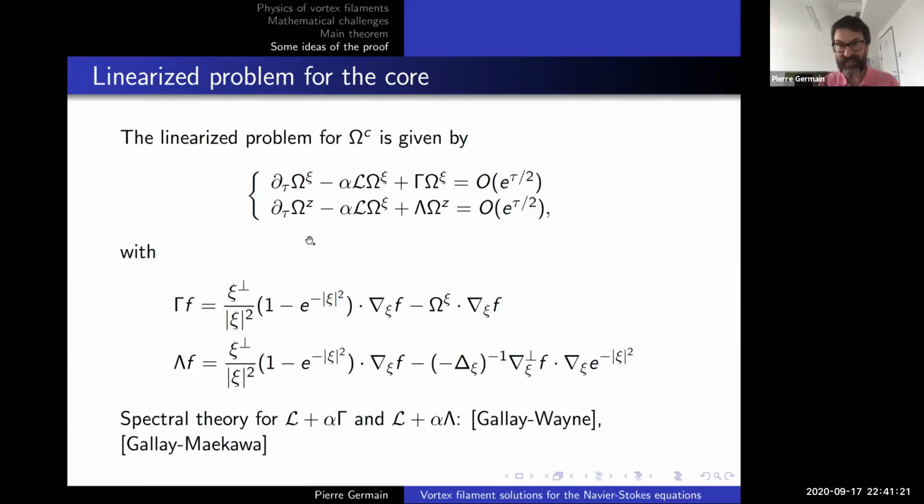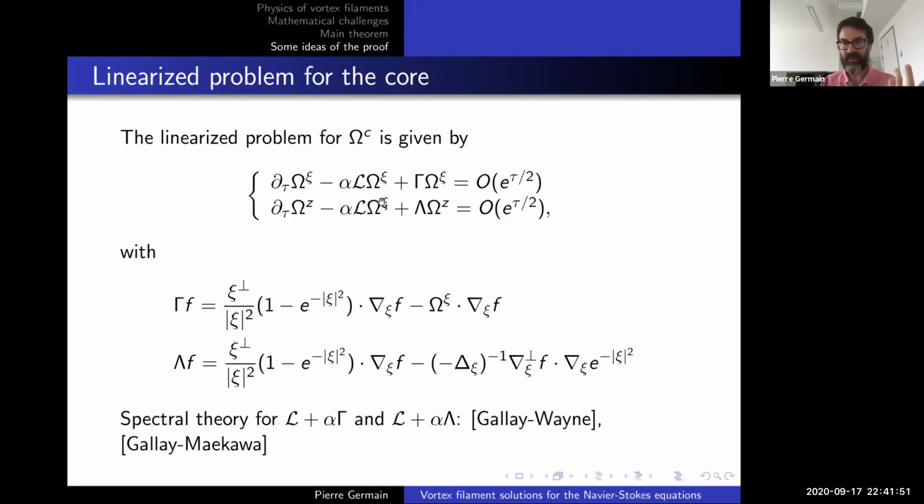And the beautiful thing is that you have this sort of decoupling between omega c and omega z, up to this error, which I put on the right-hand side, and which is time integrable, so which can be treated perturbatively. So the great thing is that really you have this decoupling arising. Oh, there's a typo, it should be a Z here.